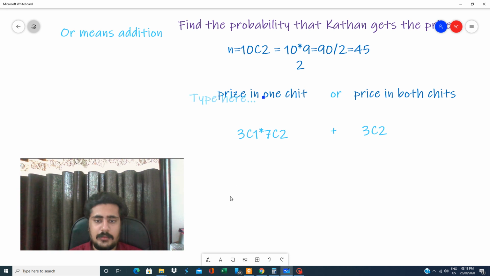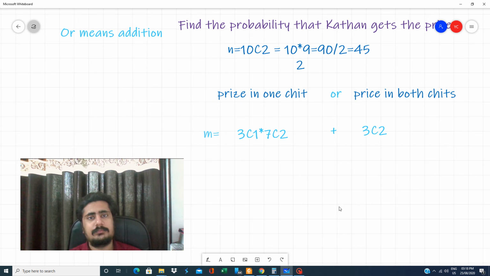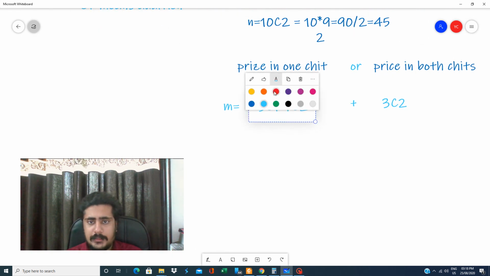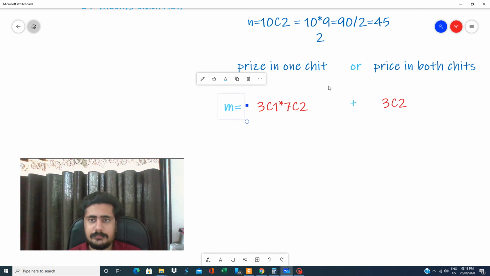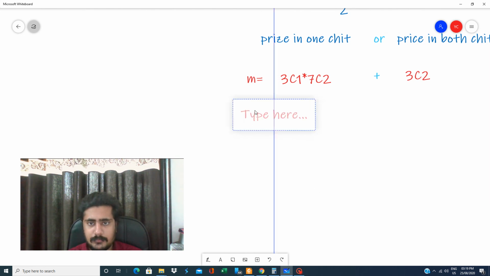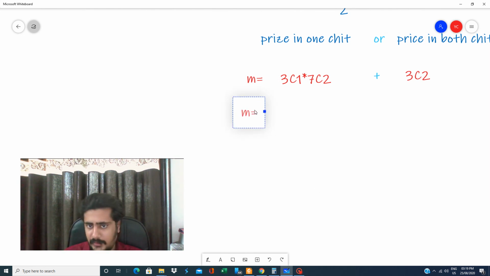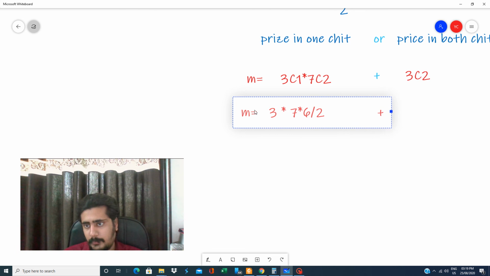Now this part is your M. Not visible, then let's change the color. So your M is 3C1 into 7C2, which is 7 into 6 upon 2 into 1, plus 3C2, which is 3 into 2 upon 2 into 1.